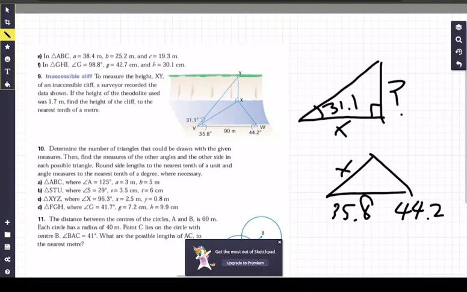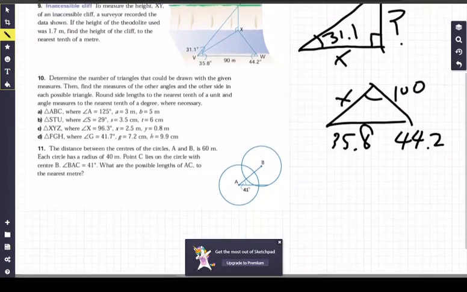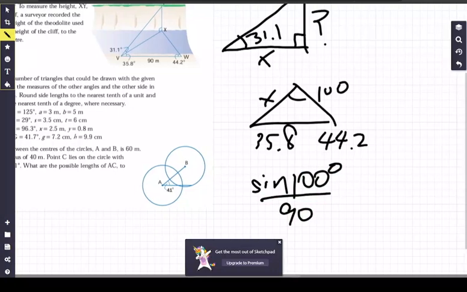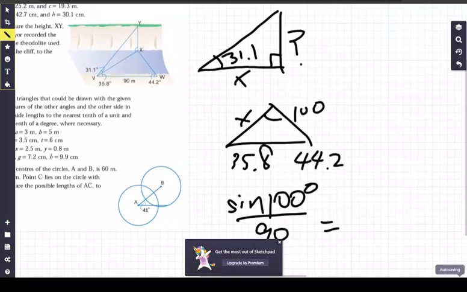Let's find this first. 180 minus 35.8 minus 44.2 gives us perfectly 100. Remember that, let's do the sine law. Sine of 100 degrees over 90 is equal to sine 44.2 over x.